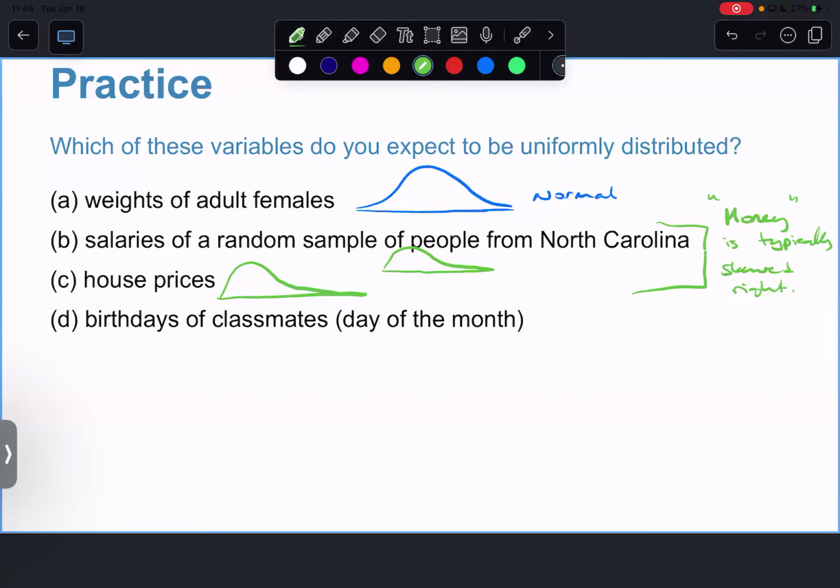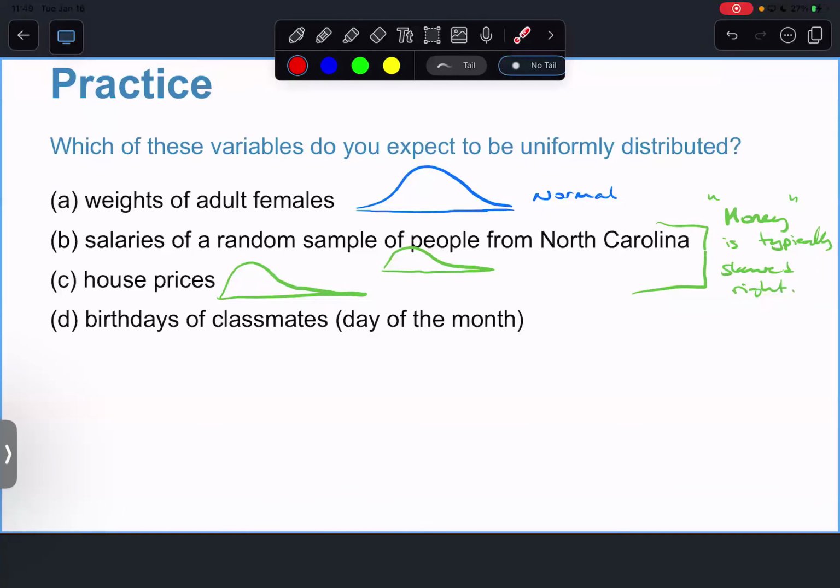There's also kind of a minimum entry fee, so to speak, for buying a house, and so there's that lower end. This is going to be important because we're talking about shape right now, but we're about to talk about the center and the spread, and the shape is going to determine what the appropriate center and spread are.